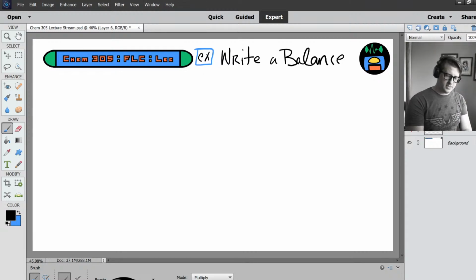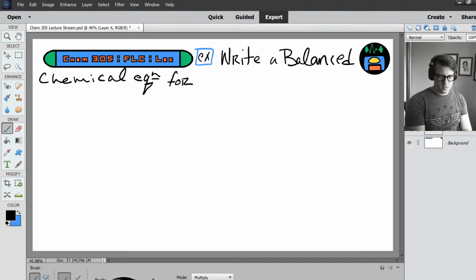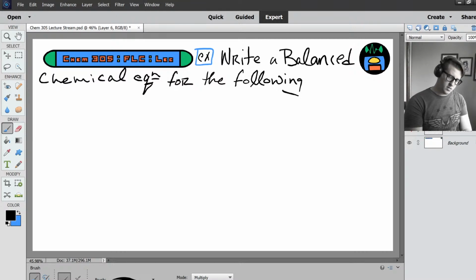A balanced chemical equation for the following neutralization.